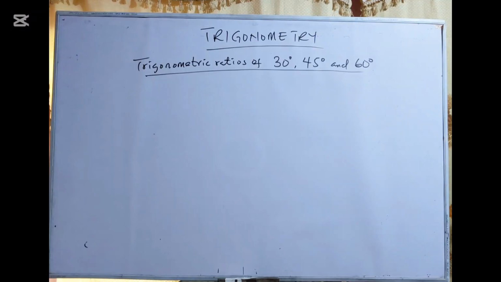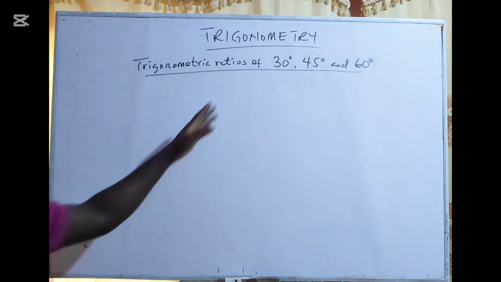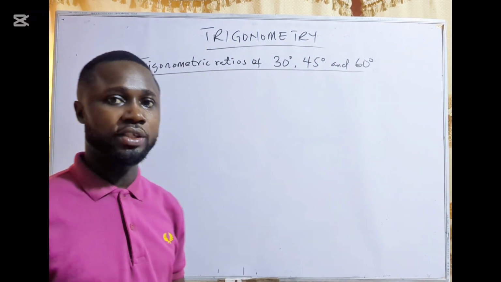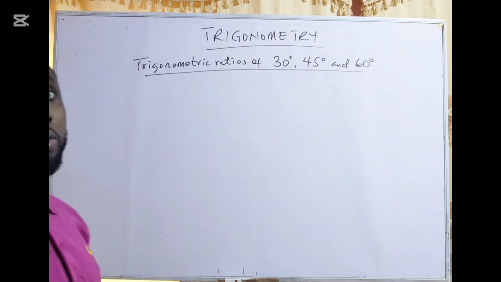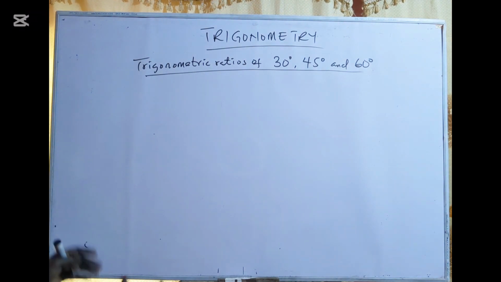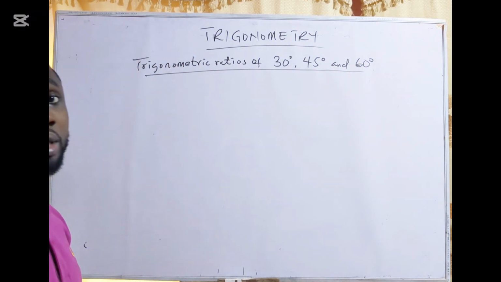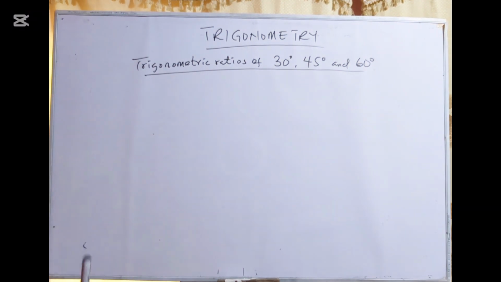These are special angles. Now we use them to solve questions. Though we can get these angles on our calculator, this will help us really understand the concept of trigonometry, how we apply SOHCAHTOA.